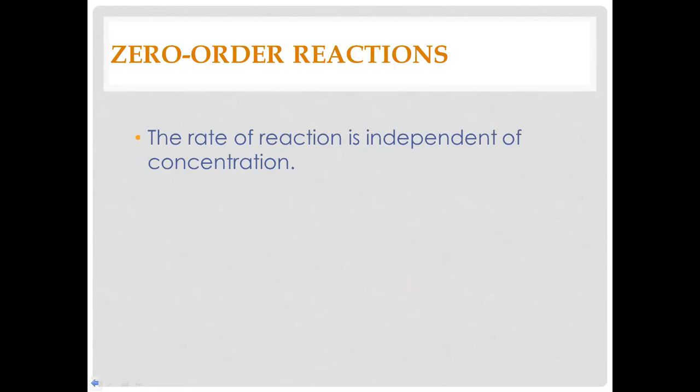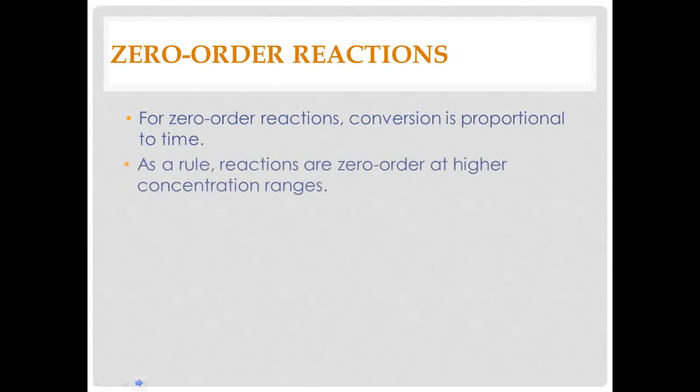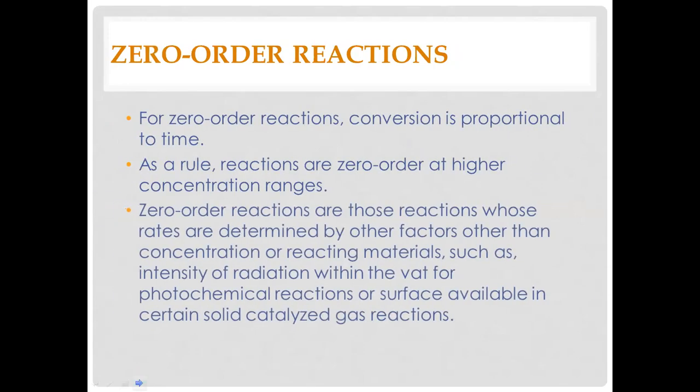So it's the same thing in here. It's a zero order reaction if the rate of reaction is not dependent on the concentration of the species that are present in your reaction mixture. So it could be dependent on some other things, but not the concentration.